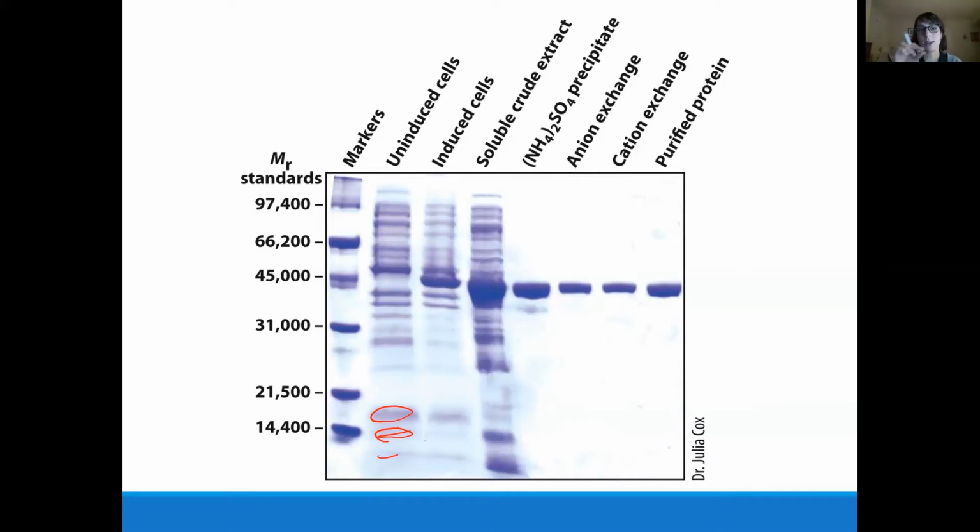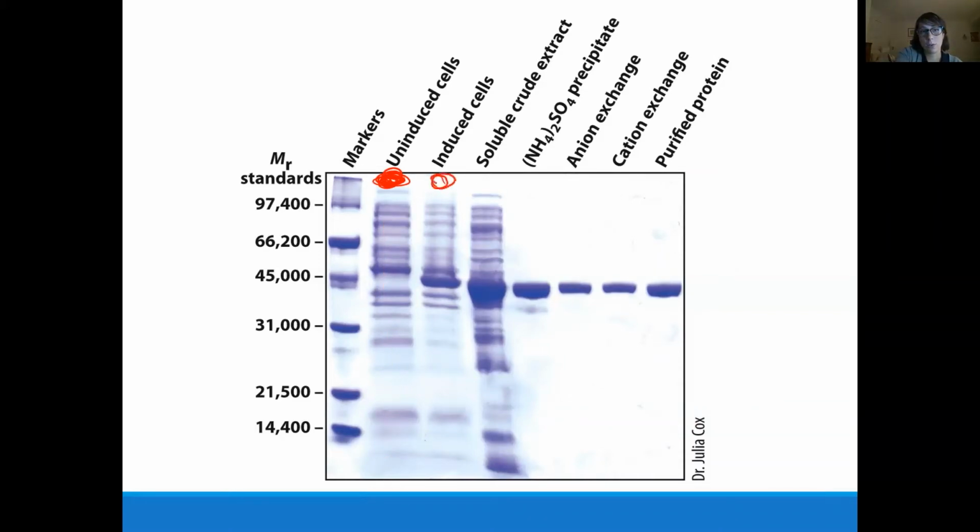It has separated into its individual area. This initially came from a mixture at the top and was separated into all these individual bands. What this tells us is that this particular sample has a lot of proteins in it. It has a variety mixture of proteins.